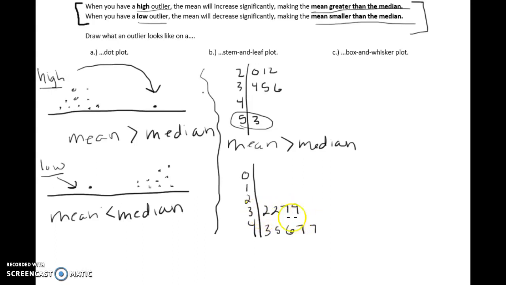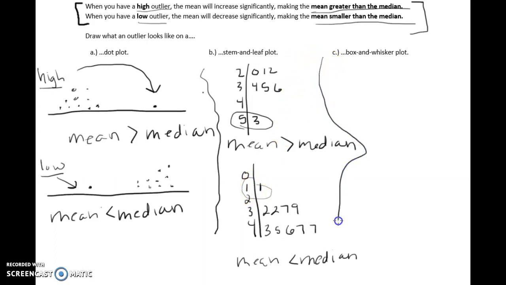Most people are in their 30s or their 40s, and then you have one person who's 11. So maybe there's a group of people in a room, and most people are in their 30s and 40s, and then maybe there's someone's child, and so there's someone who's 11. This here would be a low outlier, and this low outlier would make the mean go down, so the mean would be less than the median, because the middle number is not going to be affected much by this one outlier, but the mean is.